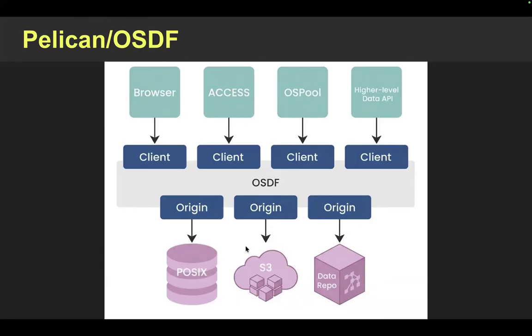We can provide data from S3. You can provide data from Globus. You can provide data with a new layer from Pelican, from a simple SSH connection, and provide this data to the federation as well. And the federation has several caches to speed up the process of data sharing.